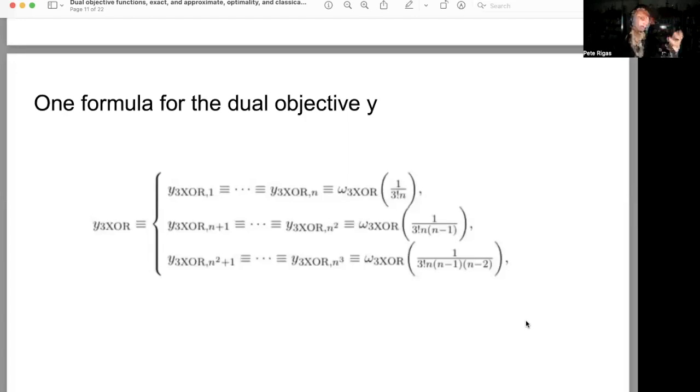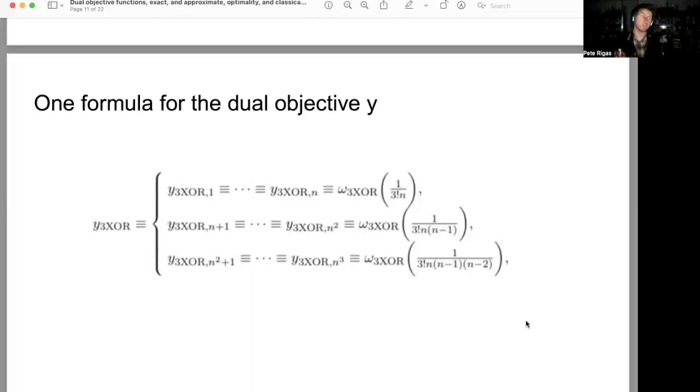And this is given by the fact that since we're taking a constraint over a summation of little i between 1 and n cubed, like how it's been given here, we can obtain the exact expression for the dual objective function, which appears in the dual formulation of the semi-definite program, in terms of just the optimal value omega-3 of XOR, which appears in all the entries of this piecewise definition for the objective function of the dual semi-definite program for determining the primal feasible 3XOR solution.